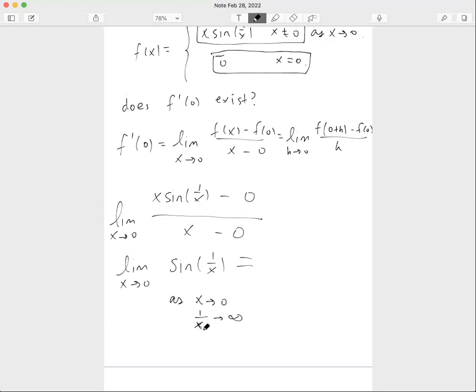So now think about sine itself, and what kind of function it is. Can you give me a reason why this limit should not exist? Let me rewrite it this way. This bottom one might be easier to explain. What do you know about sine?